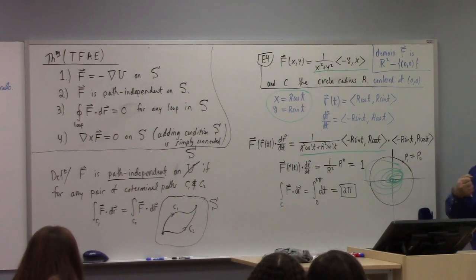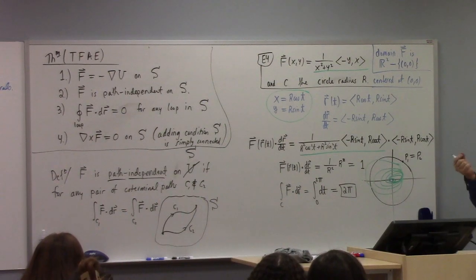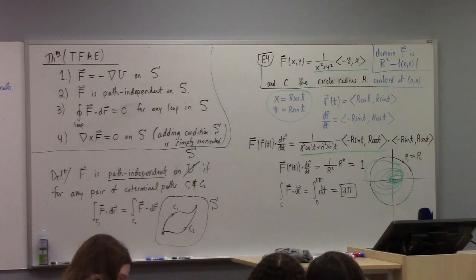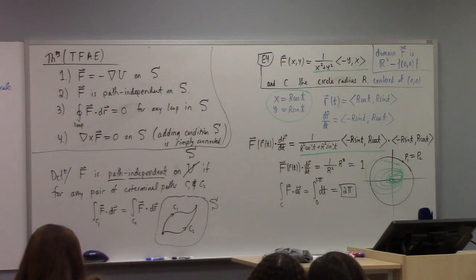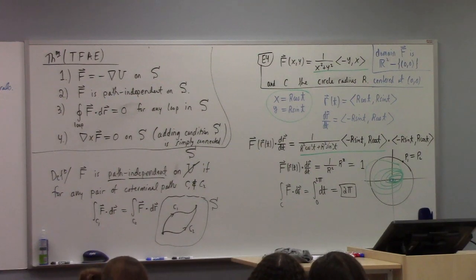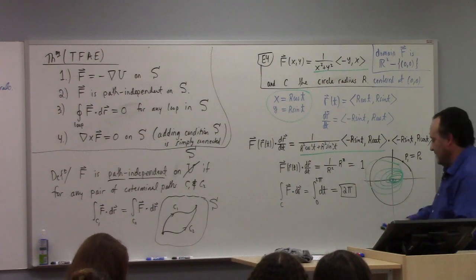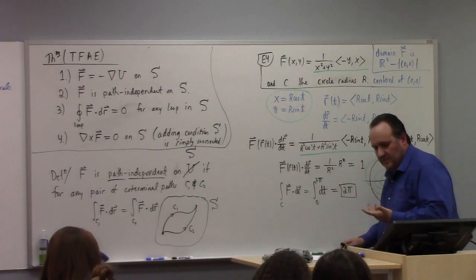I can't get past the origin. I can't deform the loop to a point. For a space to be simply connected, you have to be able to deform the loop to a point without getting stuck on anything outside the space. That's the best non-technical definition I can give you for simply connected. Any questions?